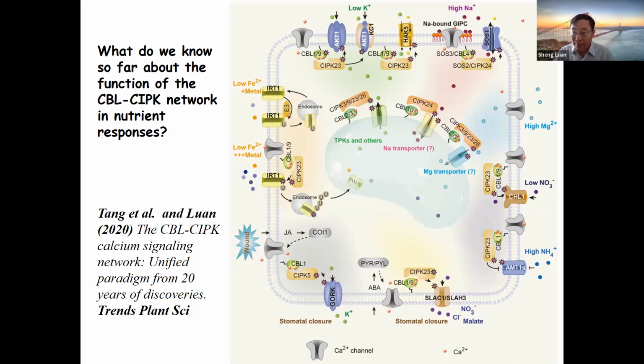That's evidence there. But in the case of the low potassium response, I would say very little is known. Some studies show maybe ROS comes first, but I would say the picture is still very murky, very unclear. Thank you.